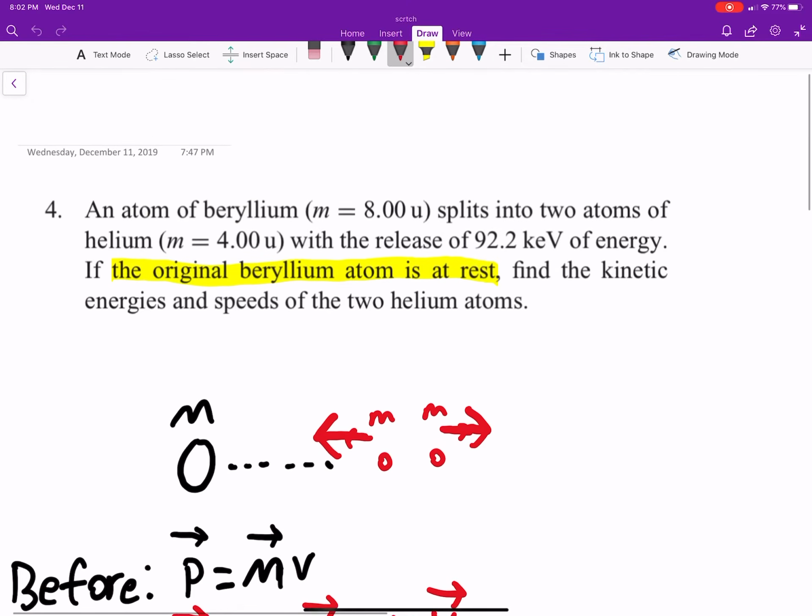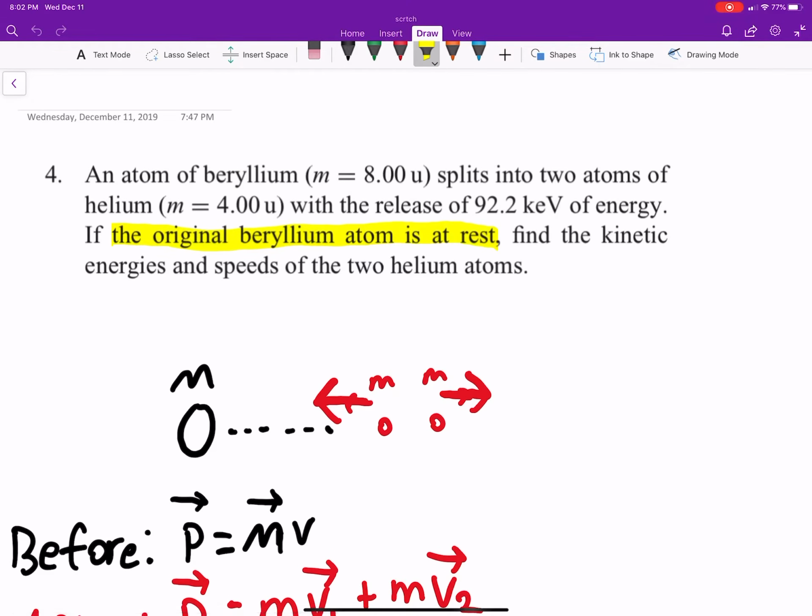Now it mentions, if we go up to the top, that if you split into two atoms, it releases this amount of energy.